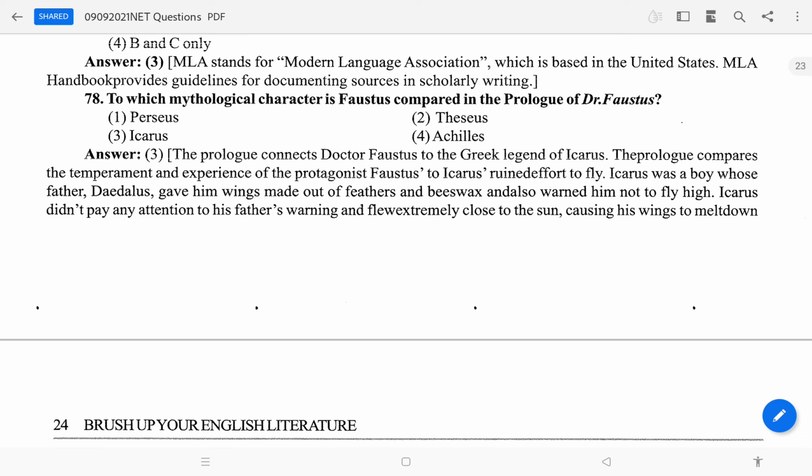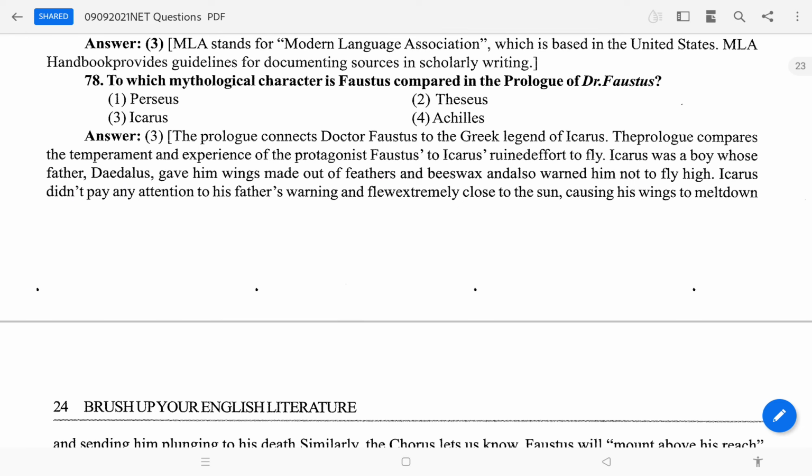So, the myth of Icarus is compared with the character of Dr. Faustus. Icarus was a boy whose father, Daedalus, gave him wings made out of feathers and beeswax. He also warned him not to fly too high.